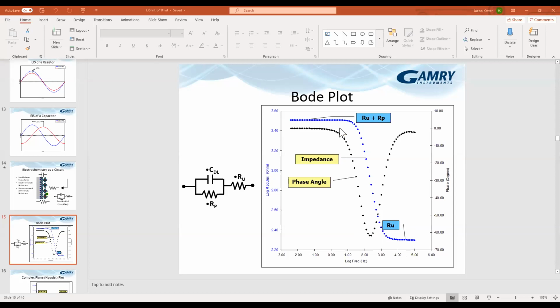The same thing is happening in a slightly different fashion at low frequencies, at high impedance. At low frequencies, there will still be some current. An amp is a lot of current, and even a milliamp or a microamp is a lot of individual electrons going through there.